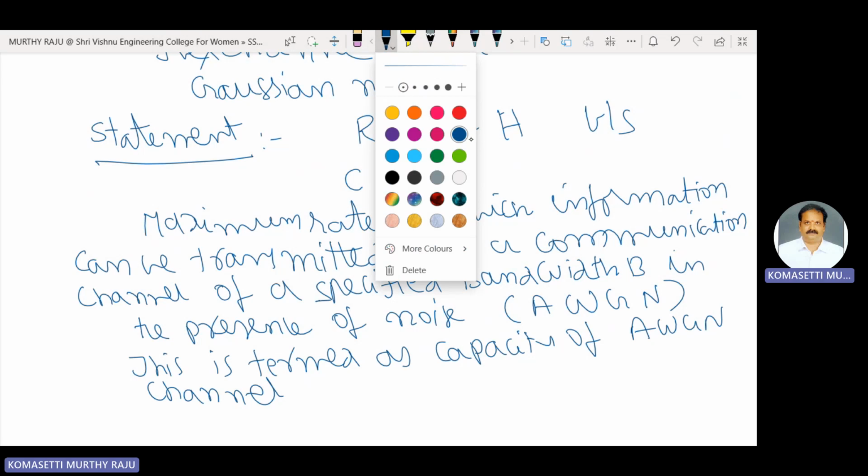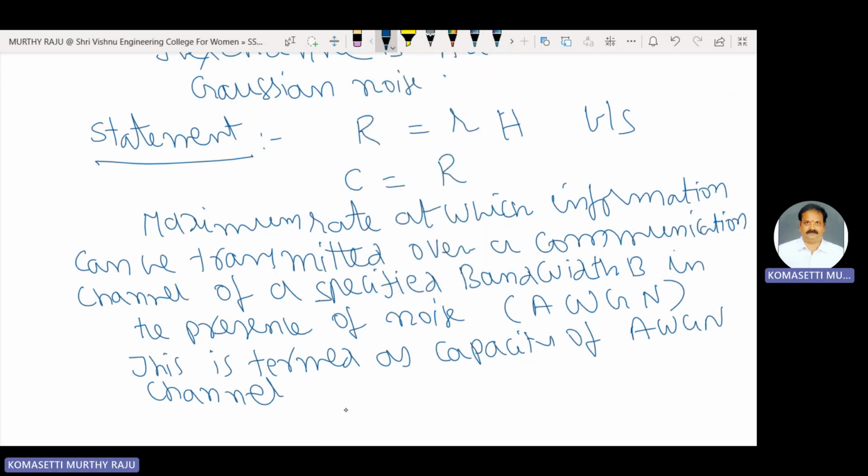These two, information rate and the capacity of the channel, are both the same. In both cases the unit is the same, bits per second.